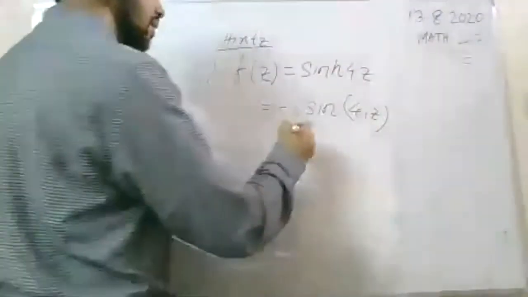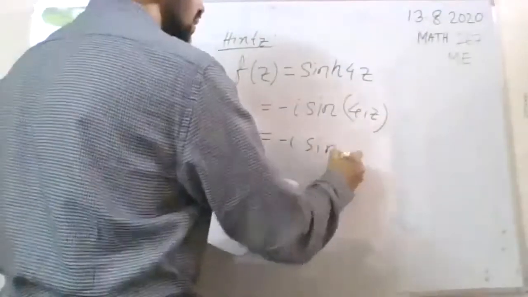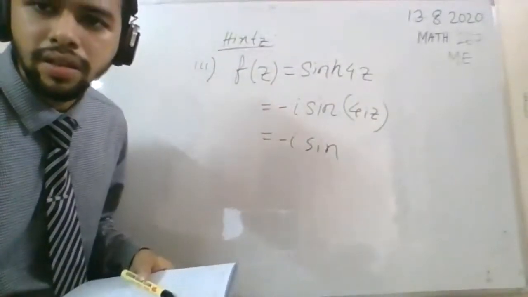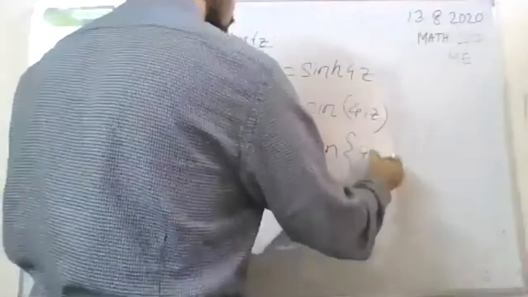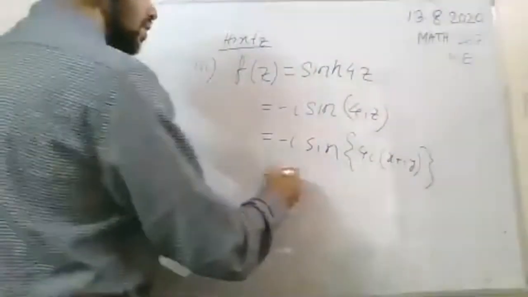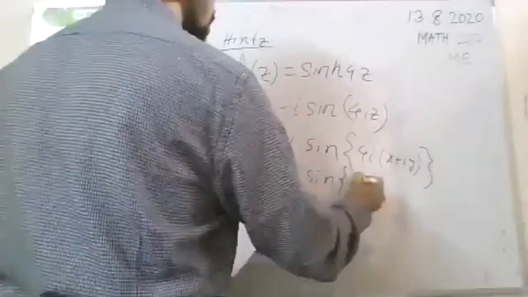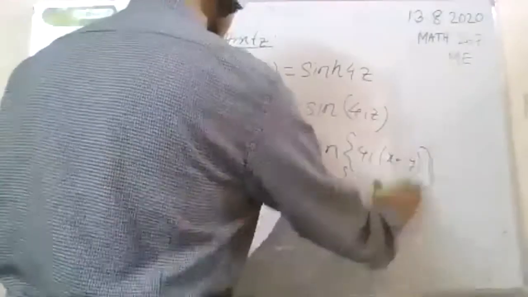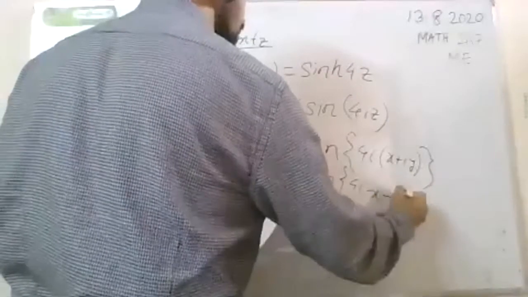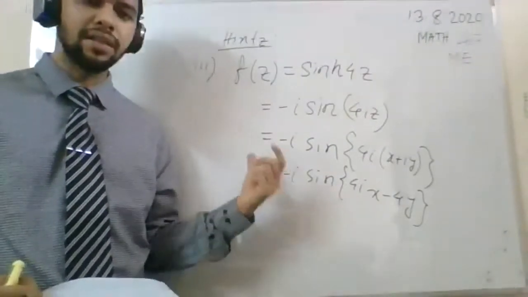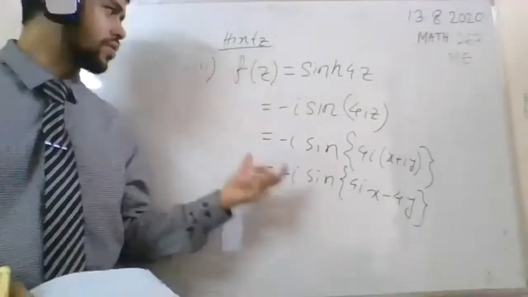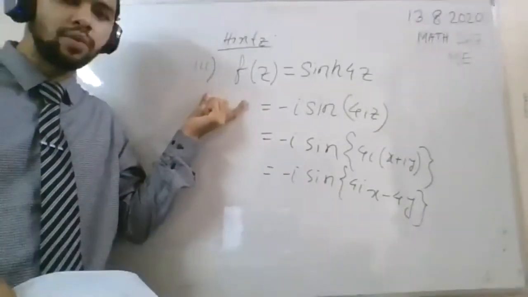You can write this way, and also sine here is 4ix plus iy, and after that, minus i sin 4i, here 4x minus 4y, and then just use the sin(a plus b) formula, and after that compare your left hand side with f(z), where f(z) equals u plus iv.